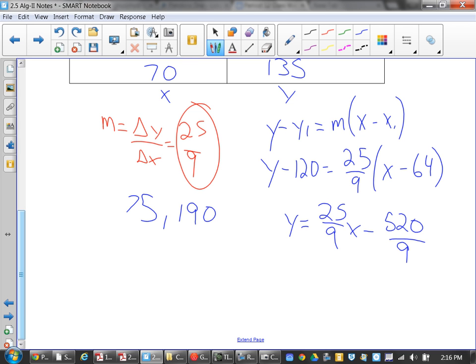What I'm doing is I'm taking this ordered pair, I'm checking to see if it works. Where do you put it in? Oh, x and y. Here. What I'm trying to do is I'm substituting the 75. I'm trying to see if it equals 190.